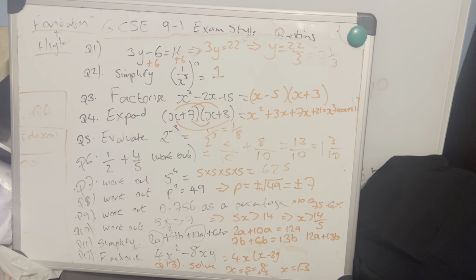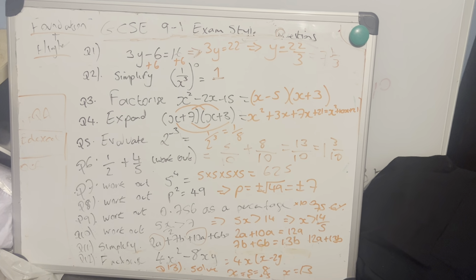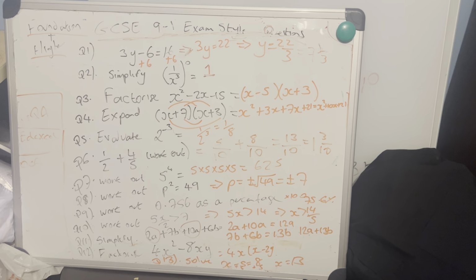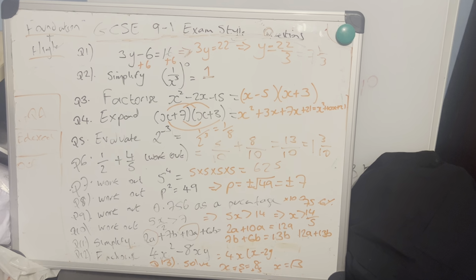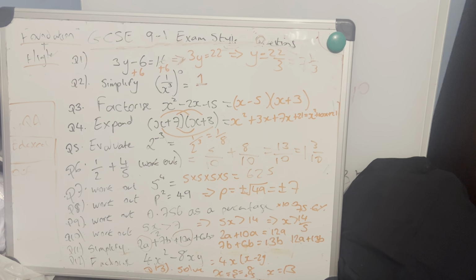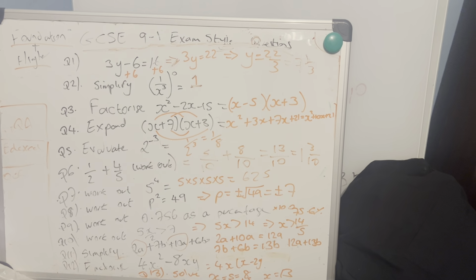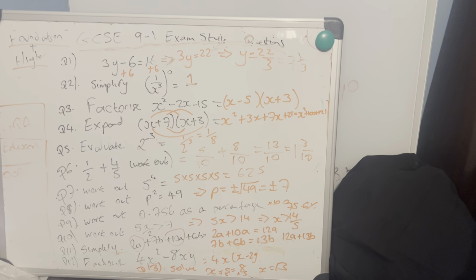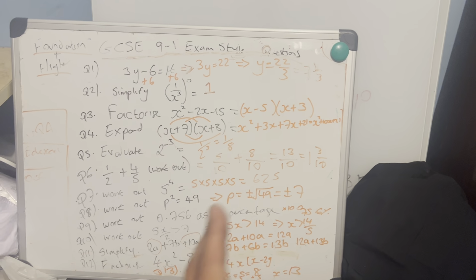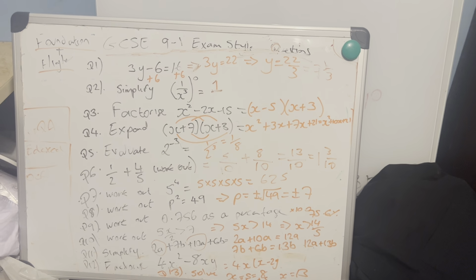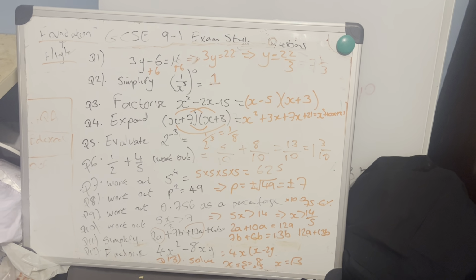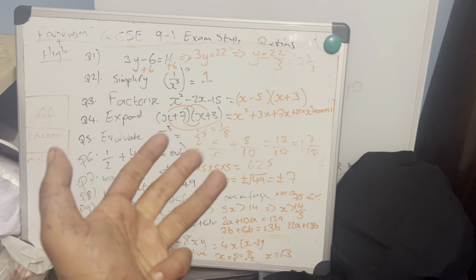Okay, this is question number 3. Factorize x squared minus 2x minus 15. Well, this is putting it into double brackets, so it is a quadratic expression. So I'm going to have x and x in both. I want two numbers that multiply to give me negative 15 and add to give me negative 2. So the factors of 15 are 1 and 15, 3 and 5.